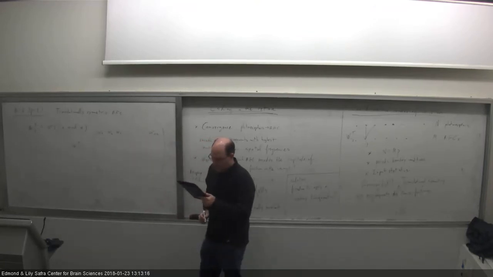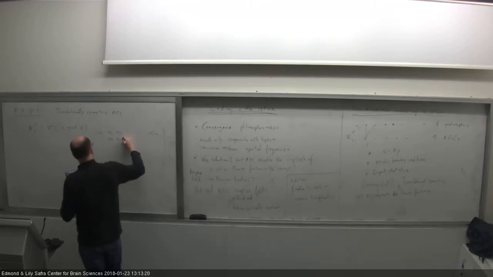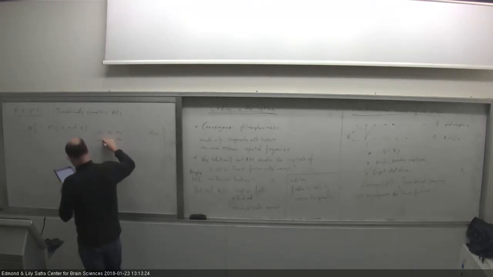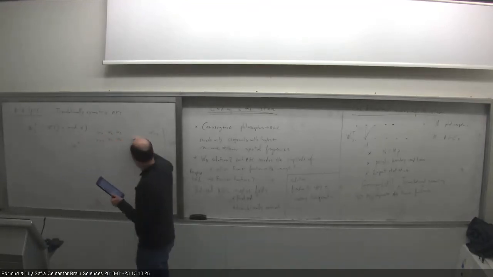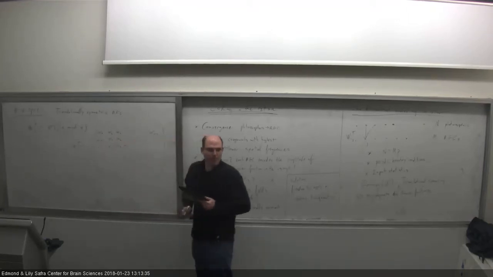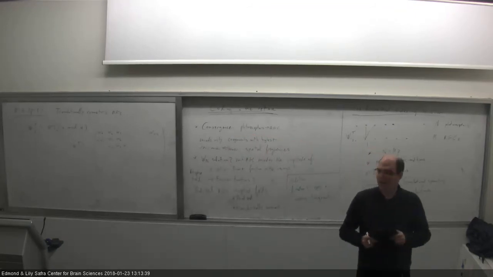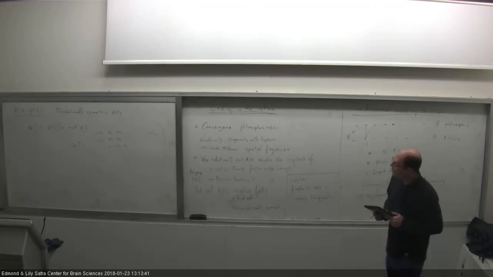And then the next row will be the same, just shifted. All right, and so what can we say about the weight matrix? It is circulant.